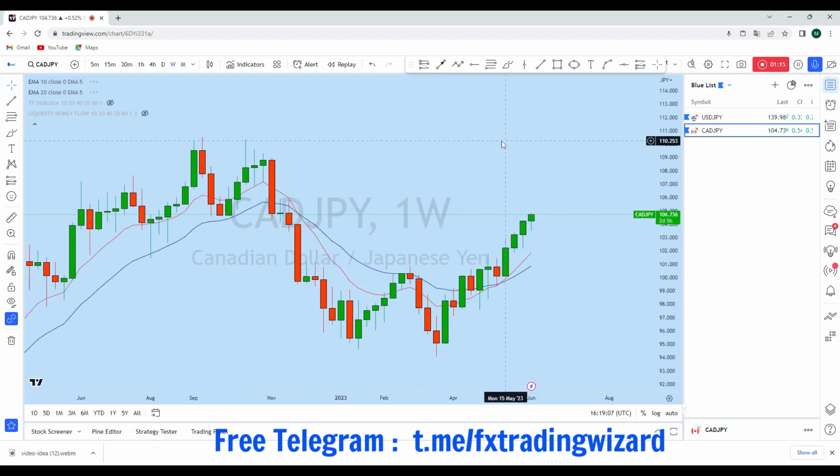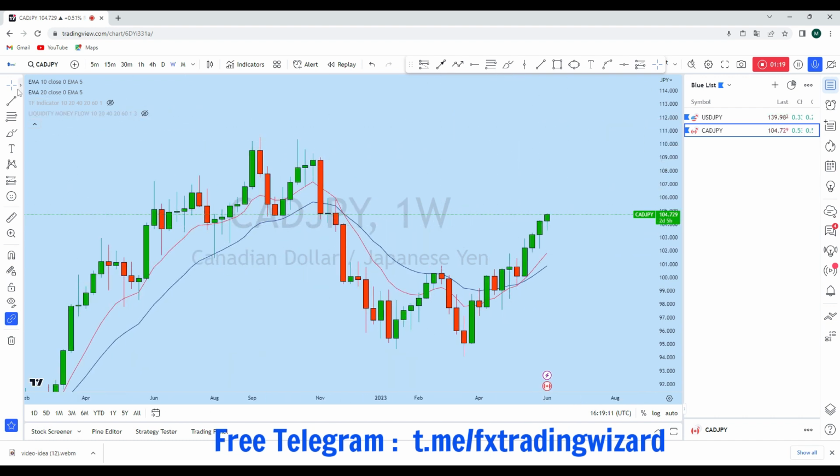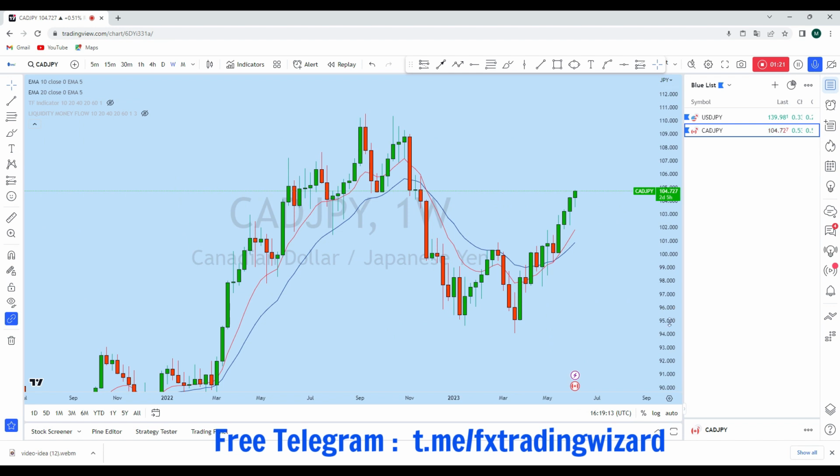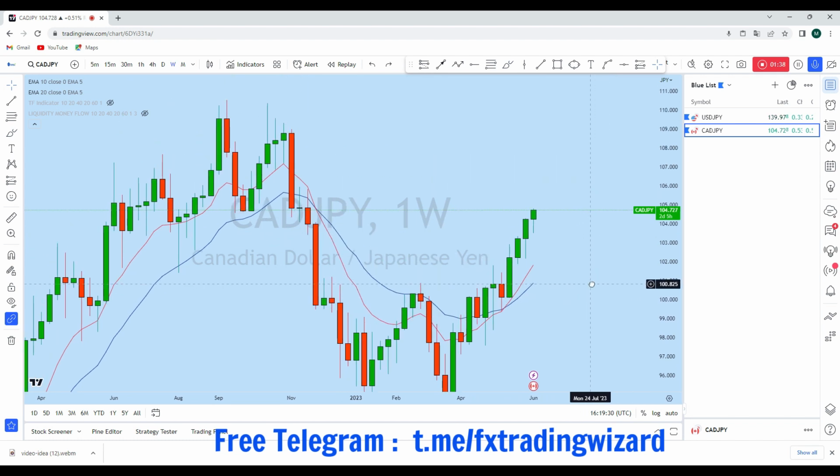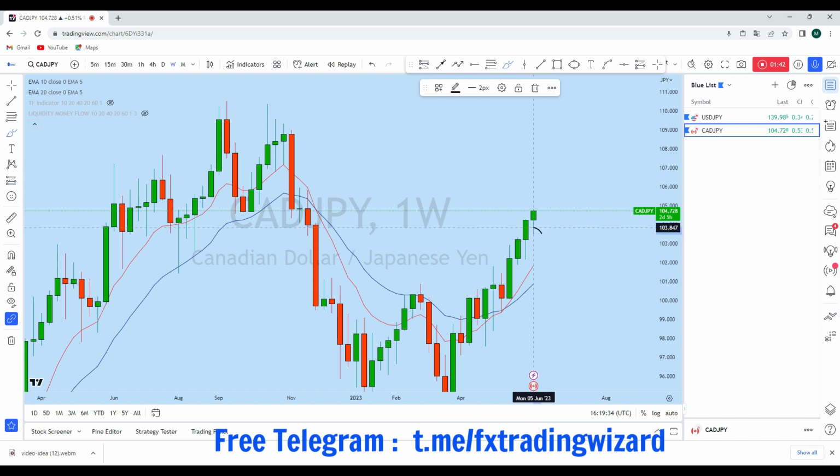Now, if we look at the weekly, from the weekly perspective CADJPY is also significantly bullish, with this weekly bullish engulfer, starting with this move breaking up out of this structure. Every week CADJPY is creating a series of higher highs and higher lows. In the current weekly candle, the price has come down for a deeper pullback, and then again the buyers are buying this market.